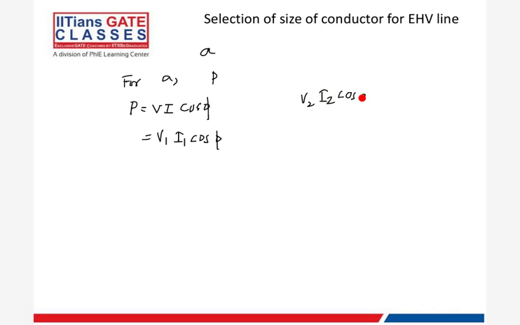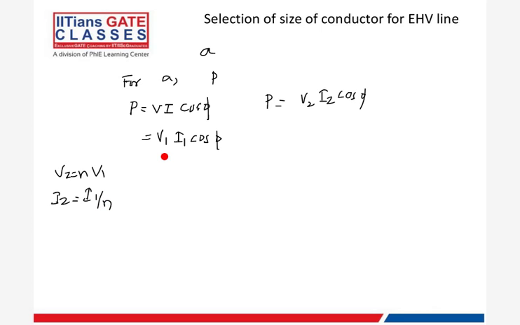So for the same power we have two possibilities, right? Where V2 is n times V1, which makes I2 equal to I1 by n, right? So basically these two are right.